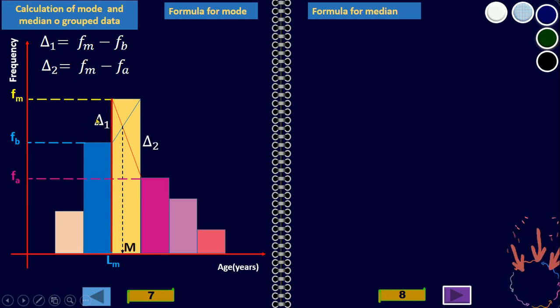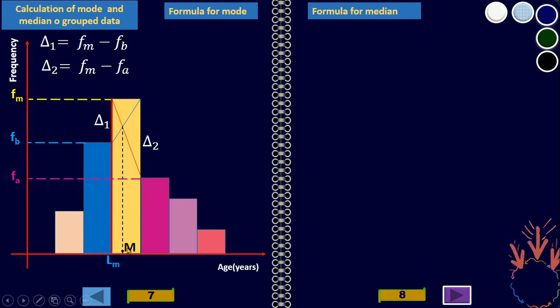So delta 1 is represented by the difference between the top of this rectangle and the top of the blue rectangle, while delta 2 is the difference between the top of the modal class, represented by the golden rectangle, and the pink rectangle. So now we're going to use that to get the formula.